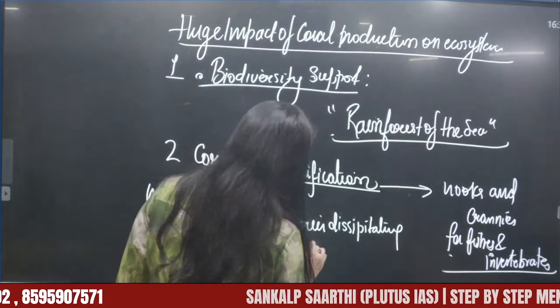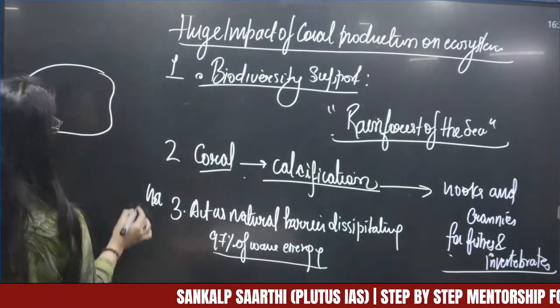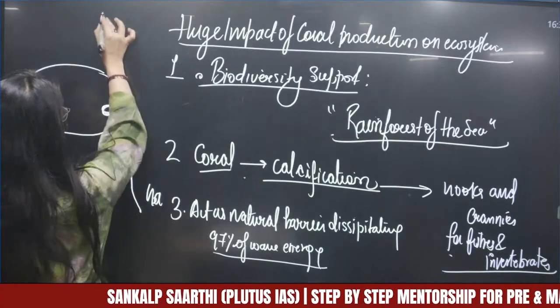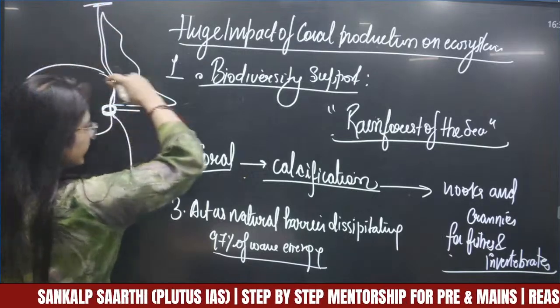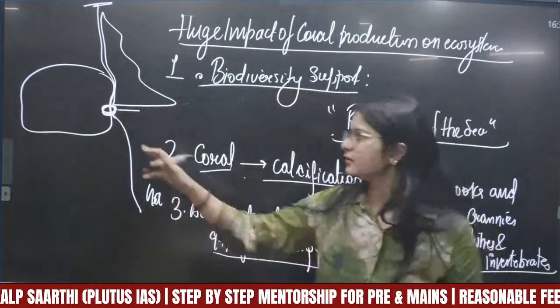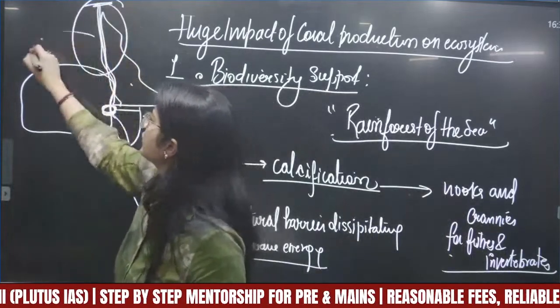That means if this is your coral reef and some wave is coming and this is acting as a barrier, definitely this wave will get risen up at a certain level. Why? Because there was a barrier in between, this energy goes upwards, and this energy can be used for converting.